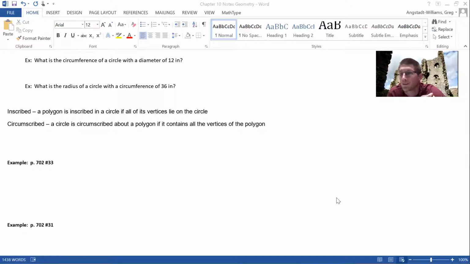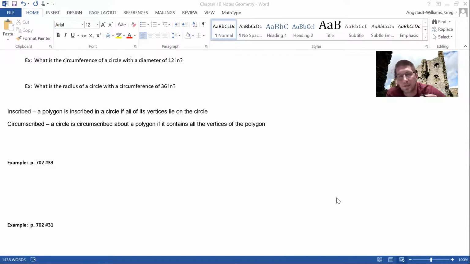So if you have a triangle inside of a circle where all of the vertices of the triangle are on the circle, that's an inscribed triangle, an inscribed polygon. Circumscribed is just the opposite. It's a circle circumscribed about a polygon if it contains all the vertices of the polygon. And we're going to see some examples of that here in a second.